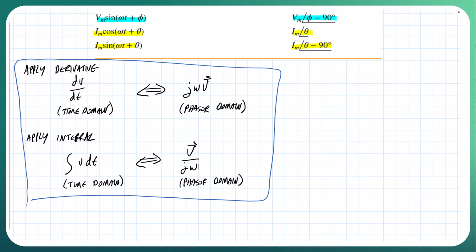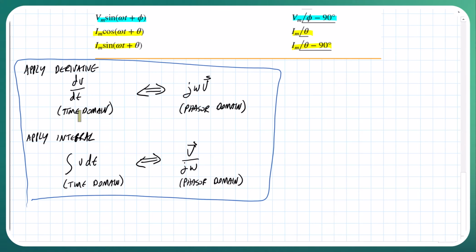In the time domain, v of t is instantaneous, while V is in the frequency or phasor domain.